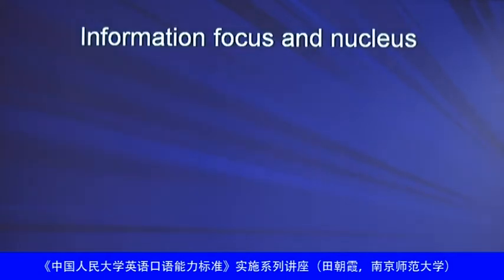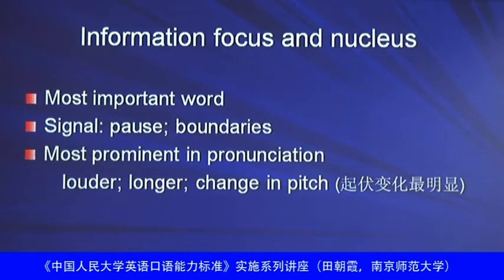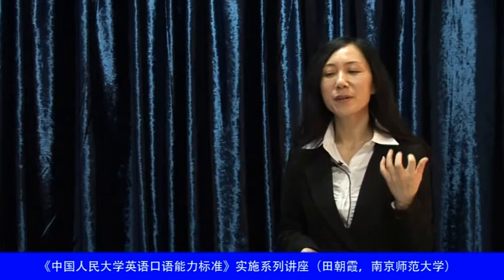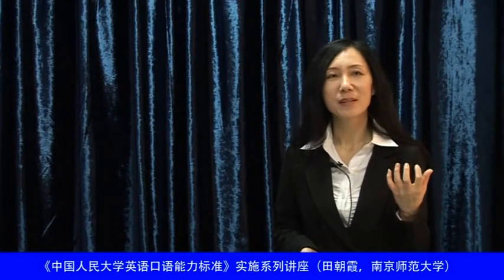All right. Information focus and nucleus. What have we learned? We've learned that the information focus and the nucleus at the same time must be in the most important word in the sense group. The first thing, the most important word. Second, information focus and nucleus signal a pause.